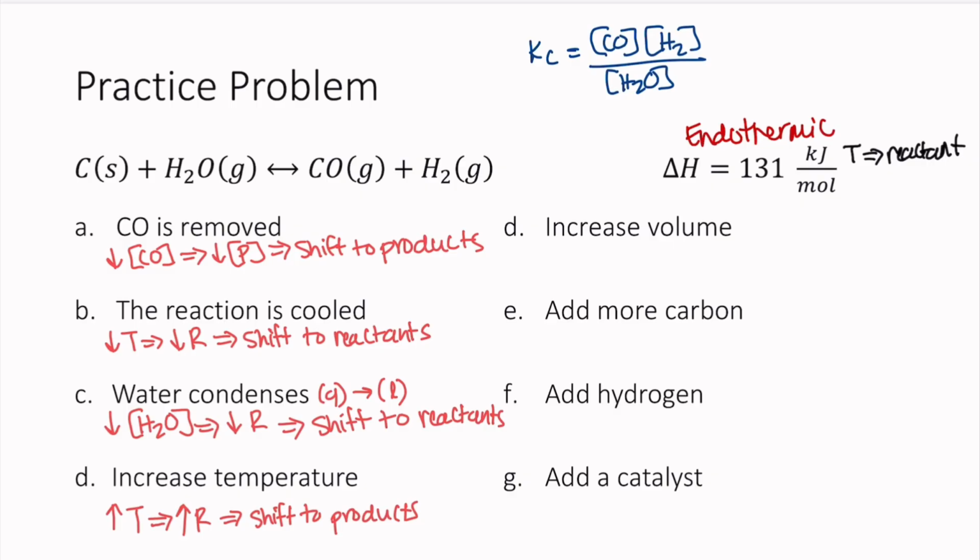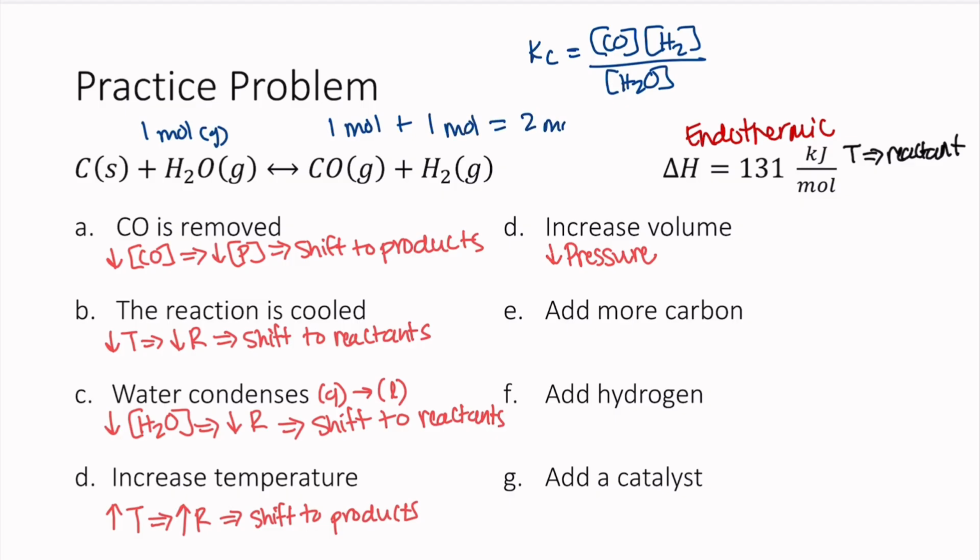All right. If we increase our volume, then we are decreasing the pressure. So we'll see a shift to the side with more gas moles. In this case, I have 1 mole of gas on my reactant side, right here, plus 1 mole of gas here.